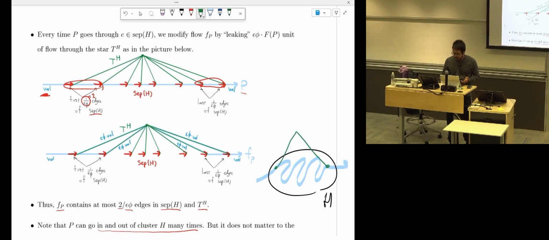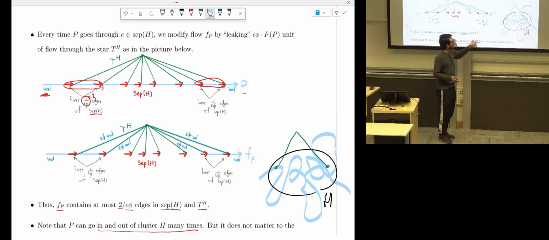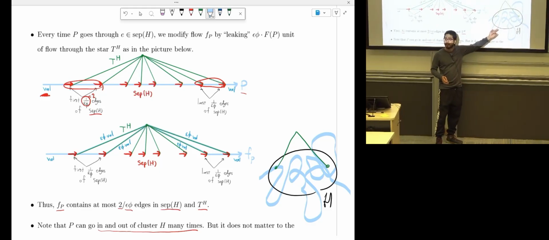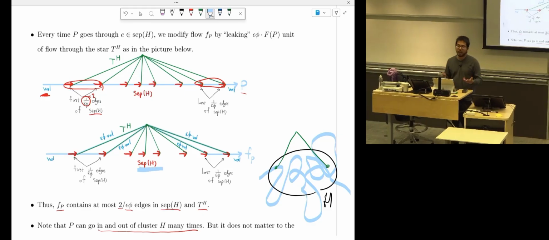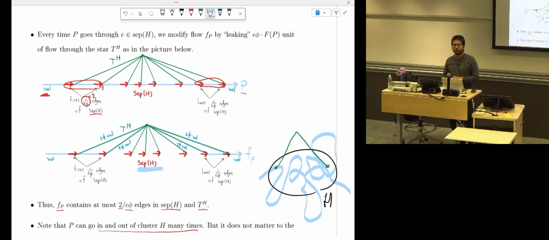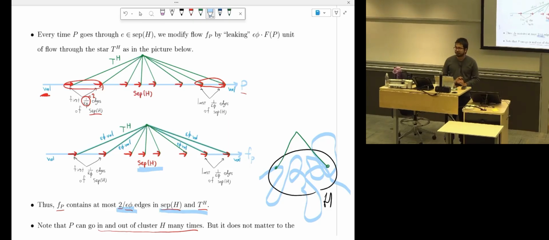The path can be even crazier, it can go in and out of the cluster many times. The point is that it really doesn't matter to the argument. Whenever it goes through a separator edge, I just link it to the star. And no matter what, it will use at most this many edges from the separator. Good.